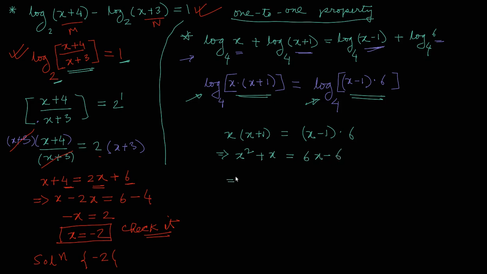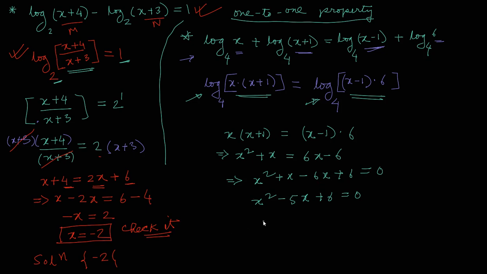So if I group together again, bringing everything on the left hand side, x squared plus x minus 6x plus 6 equal to 0. So more simplification, x squared minus 5x plus 6 equal to 0.